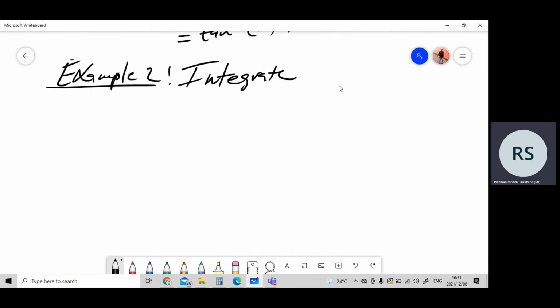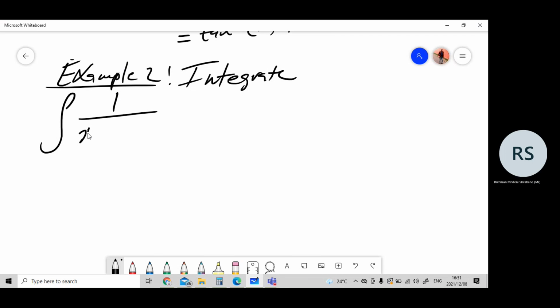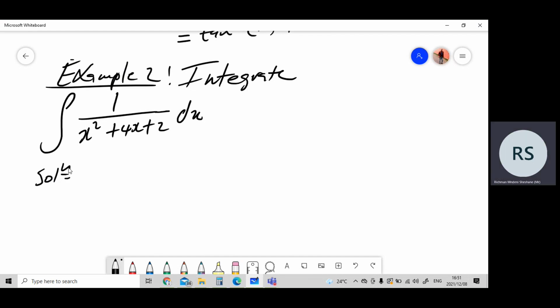So, for example, let's say we want to integrate 1 over x squared plus 4x plus 2 with respect to x. So again, you have a constant over a quadratic. Okay. So you know you need to integrate by completing the square.